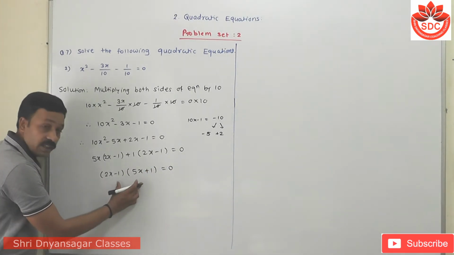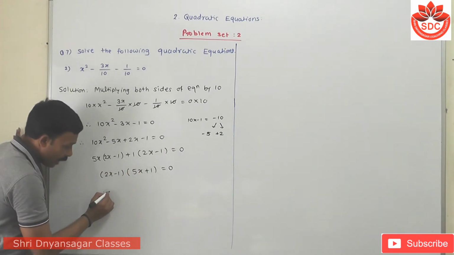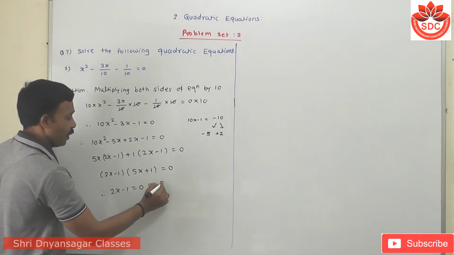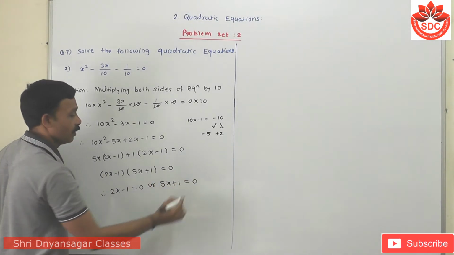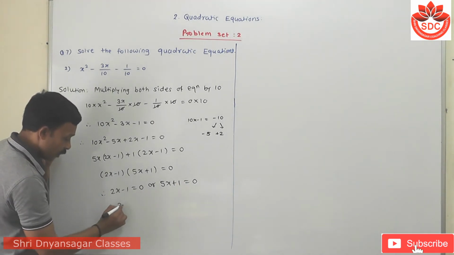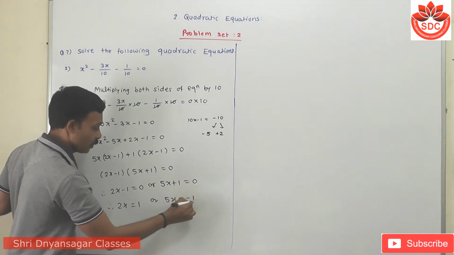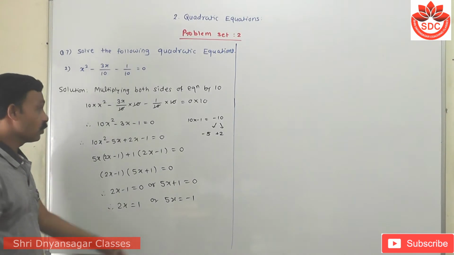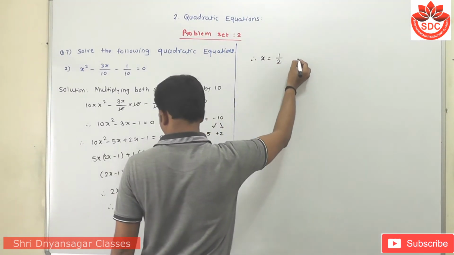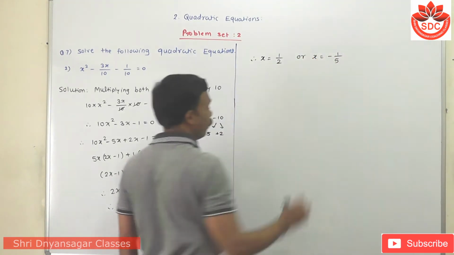Then all of you know the property: if the product of two terms is 0, then at least one of them must be 0. So 2x minus 1 is equal to 0 or 5x plus 1 is equal to 0. Then we transpose to the other side: 2x is equal to 1 or 5x is equal to minus 1. Then these two go to the denominator, meaning x is equal to 1 upon 2 or x is equal to minus 1 upon 5.